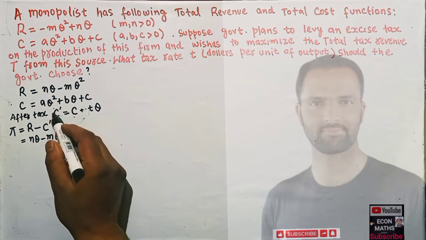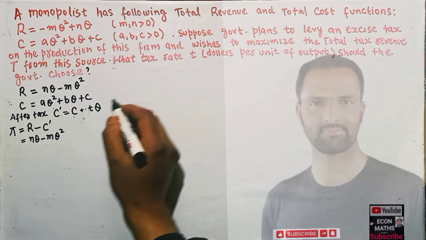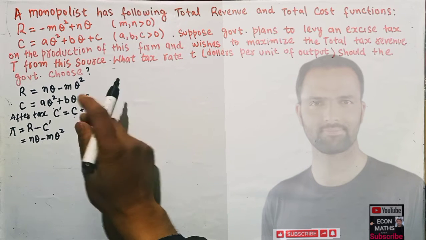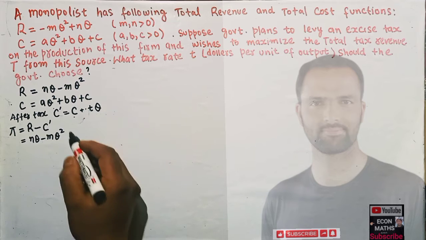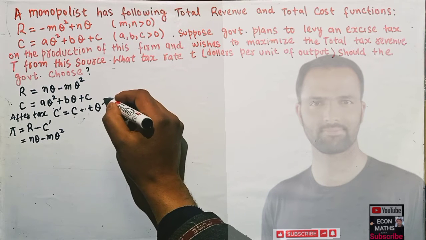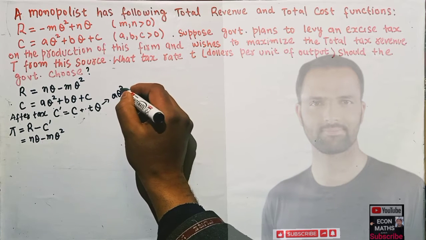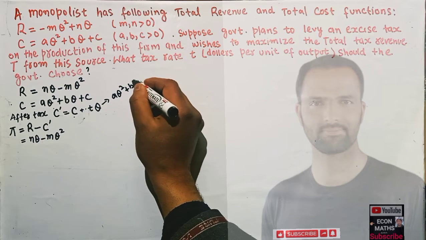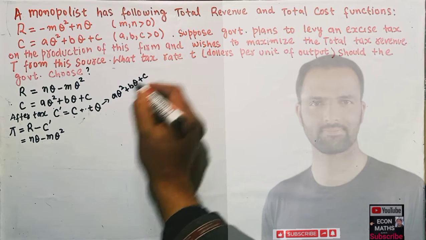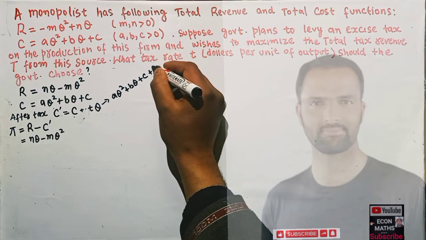To this we subtract this cost. Let me rewrite this function. The original C was aQ² plus bQ plus c, then we have plus tQ.